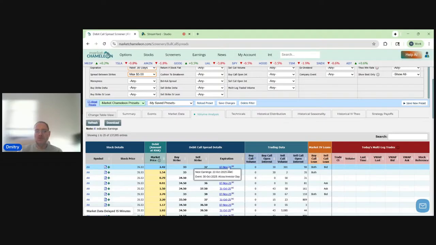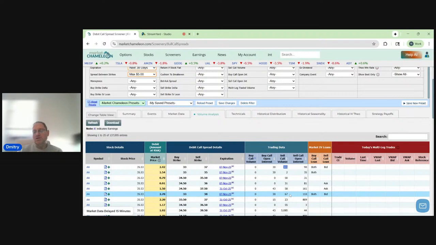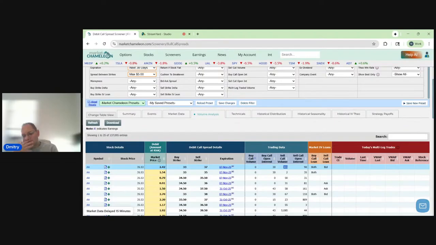We're looking at a November 7th, 33-37 spread, but there's zero volume in the 33 strike, 301 contracts on the 37 strike with small open interest. So there may be opportunity, but we'd have to look further, but we see that there's not much going on.